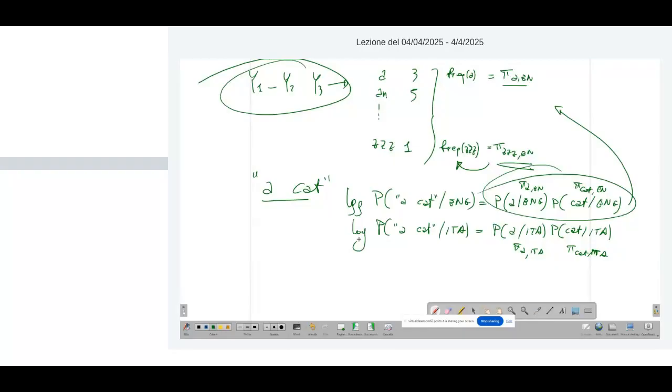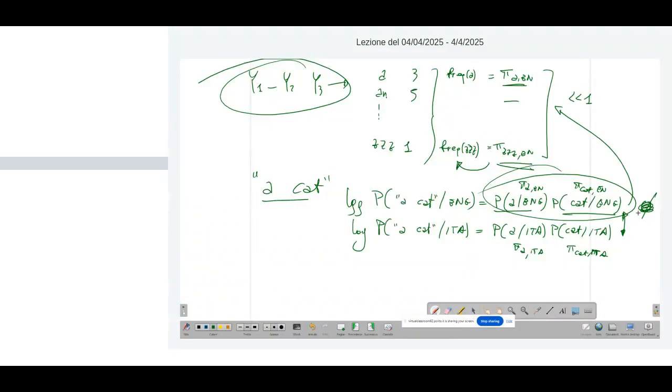You can see why I work with the log. Imagine that each of these sums up to 1. So all these are typically much smaller than 1. If I have a long document, I'm multiplying several terms, each of them much smaller than 1. When I get 1,000 words, I probably get a number that is 0 on my machine, but that's not 0. The probability is not 0. I will get a very small number for both hypotheses, but one will be much larger than the other.